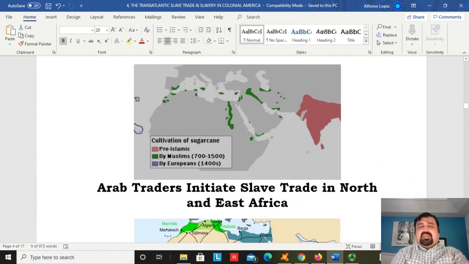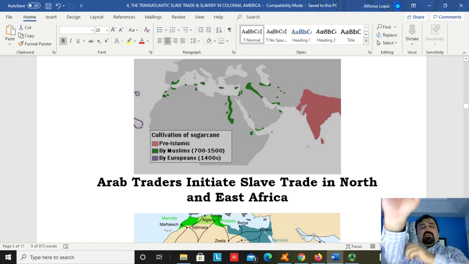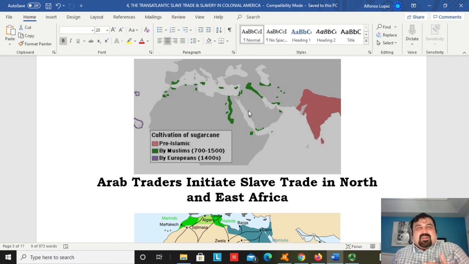So what this led to was the need to seek labor, because many of the people in the Middle East or in the Eastern Mediterranean, this is the Mediterranean Sea, by the way, this is the Middle East, you can see the areas of green that were growing sugar, trying to produce sugar for the market, for exports, were dying in great numbers because they had no resistance to malaria, and because of the heat strokes they sometimes suffered by working in the fields in high temperatures and very humid environments.